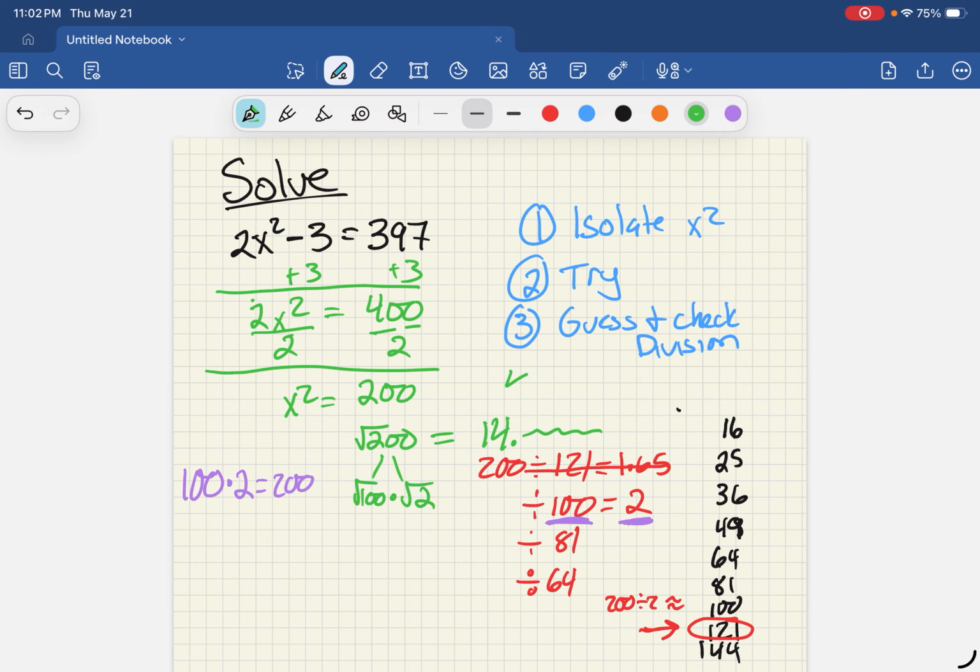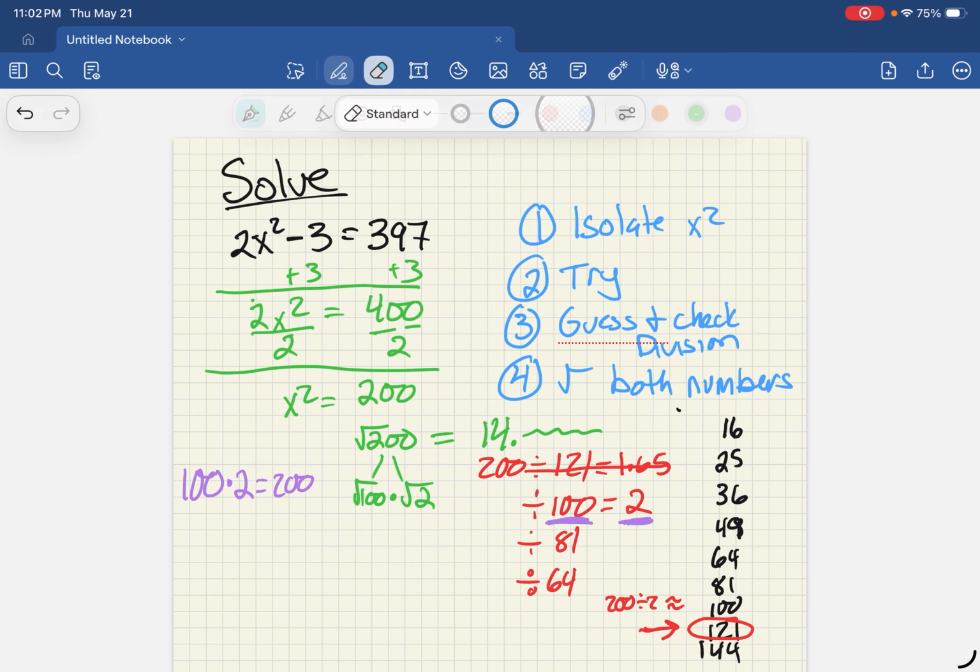The next thing I would do is I'm going to square root those two numbers. I'm square rooting both of these numbers to make sure that if I wrote my two things in a different way, I still get the right answer.